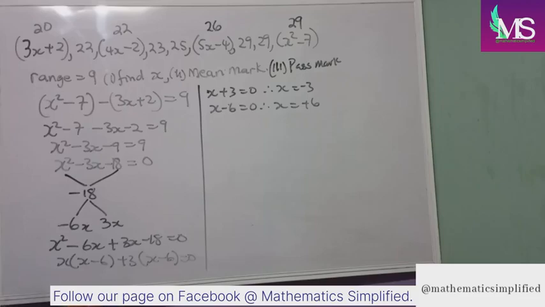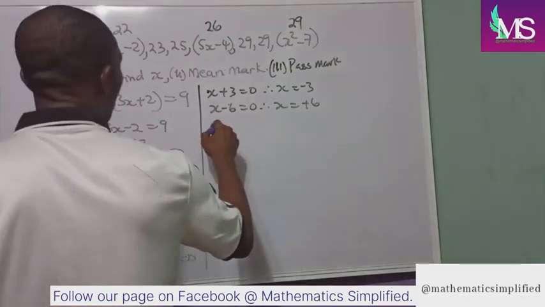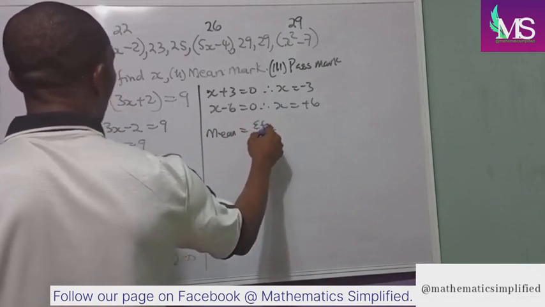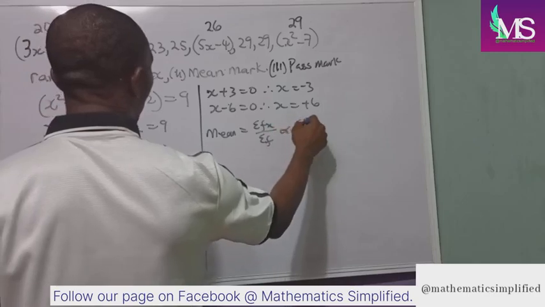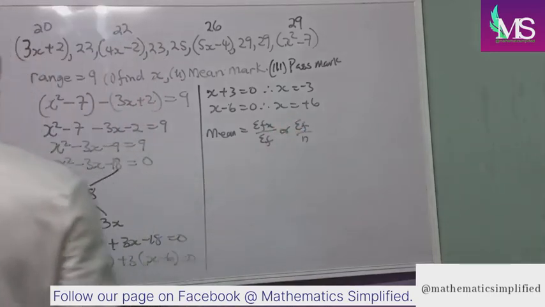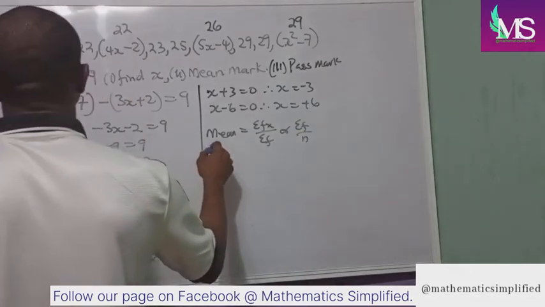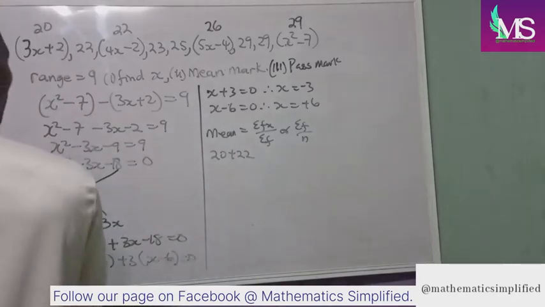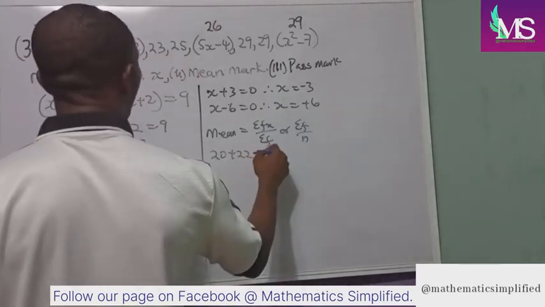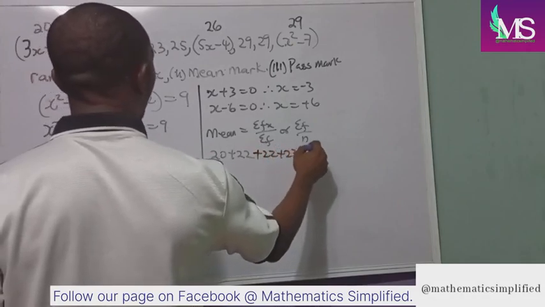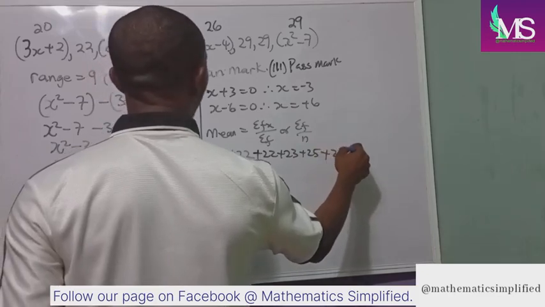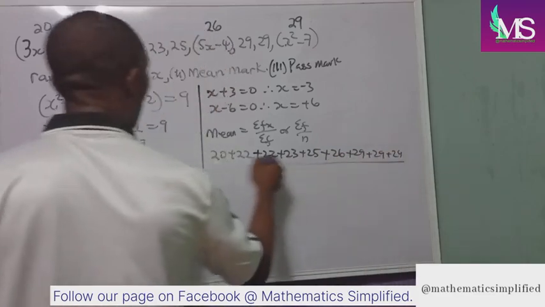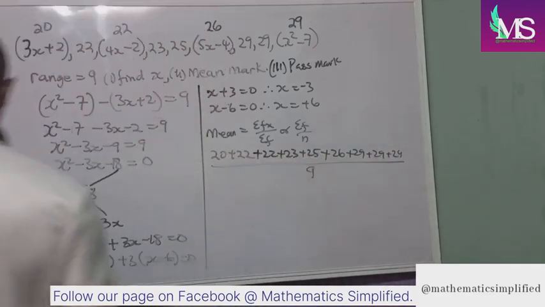Now, to the next question that says we should find the mean mark. Mean equals sigma fx over sigma f, or sigma f over N. So here we are going to have 20 plus 22 plus 22 plus 23 plus 25 plus 26 plus 29 plus 29 plus 29, all over 9.